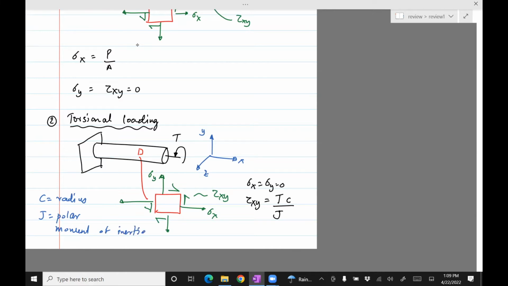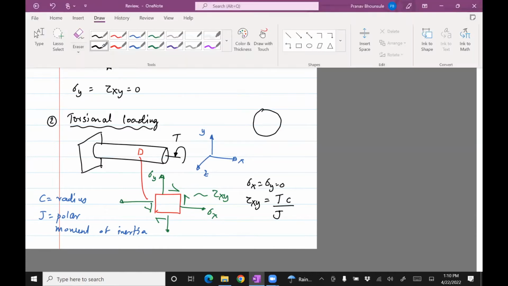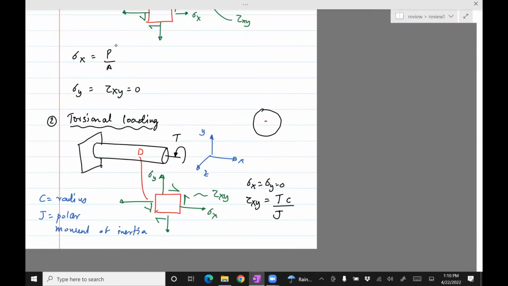Okay, so if you draw the cross section, and then you plot the shear stress, and this is kind of important. What is the distribution of the shear stress? It turns out that it is 0 at the center, and then it goes to the maximum value at the edge. This tau max, which in this case is exactly this.